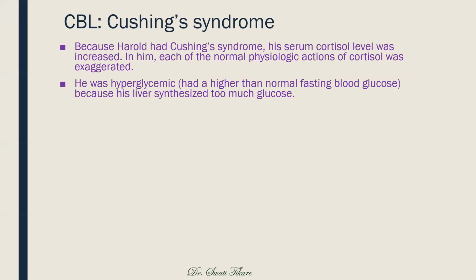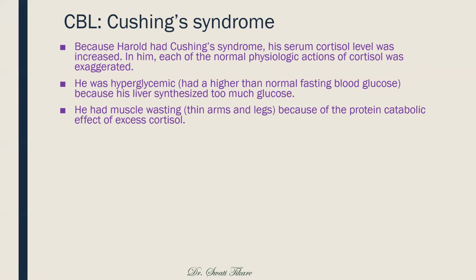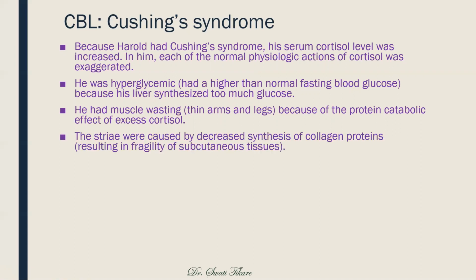He was hyperglycemic, had a higher than normal fasting blood glucose because his liver synthesized too much glucose. He had muscle wasting, thin arms and legs because of the protein catabolic effect of excess cortisol. The striae were caused by decreased synthesis of collagen proteins, resulting in fragility of subcutaneous tissues.